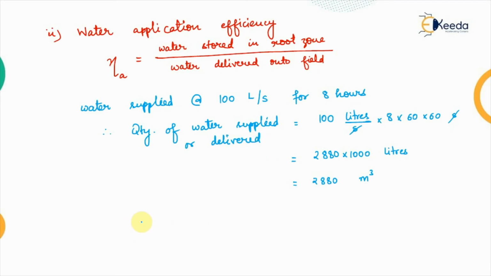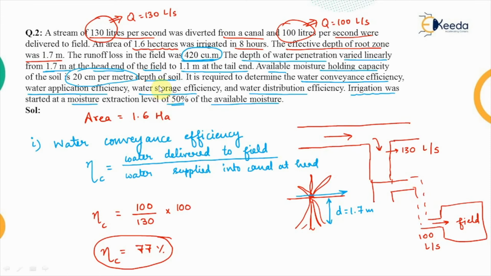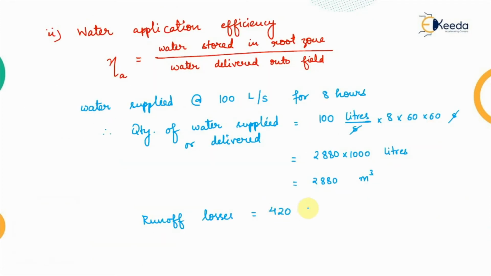Now out of this water, the runoff losses that have taken place have been given. So if you look back at the problem, it was given that the runoff loss in the field was 420 cubic meters. So this value of the runoff loss has been already given.